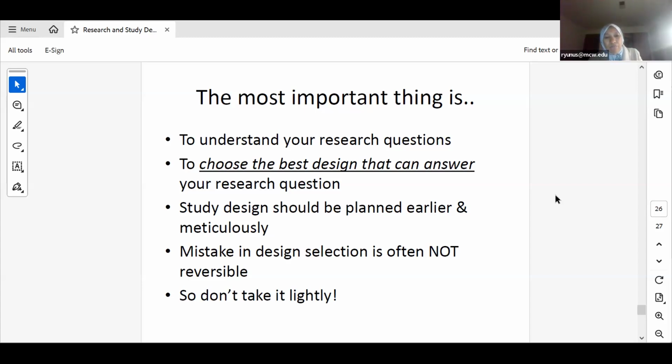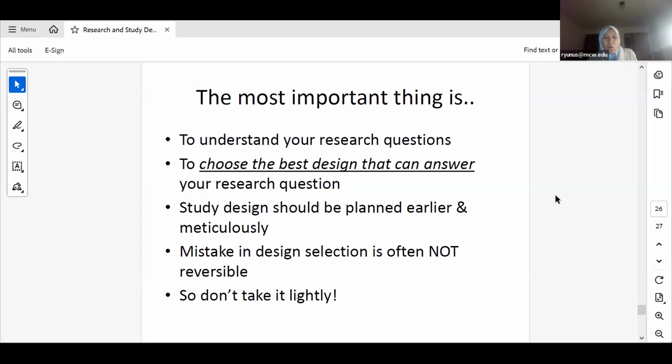Choosing the right study design is extremely important, because it is something that you have to plan very early. When you start thinking of doing a study, first you have your objective, then your research questions, of course your hypothesis, and then you definitely have to start thinking about the methodology: which study design suits best what I'm trying to achieve.